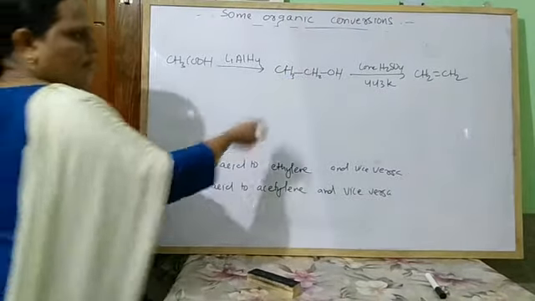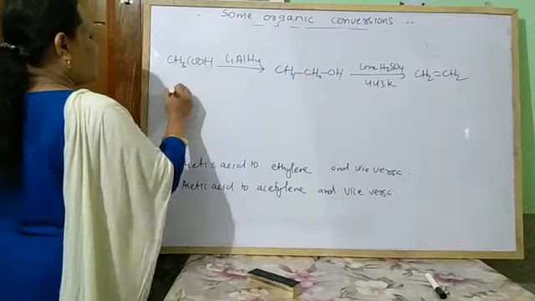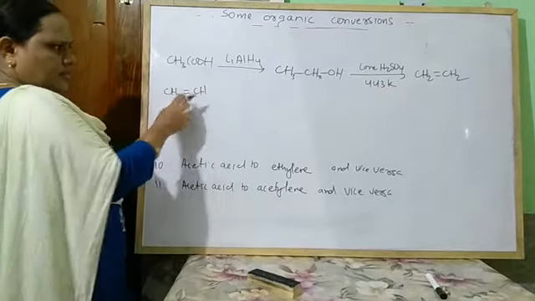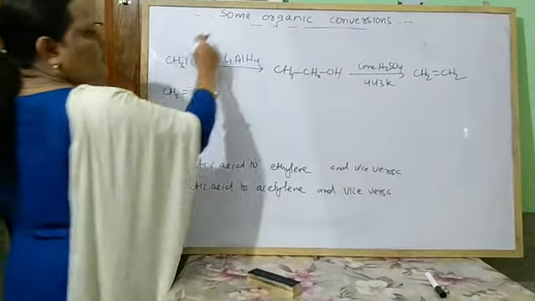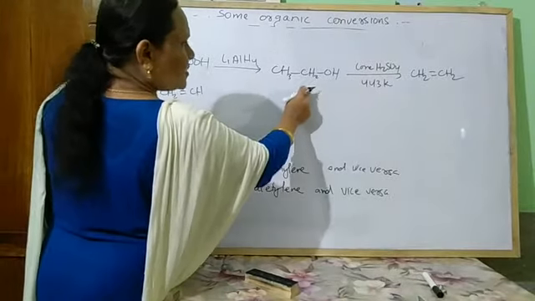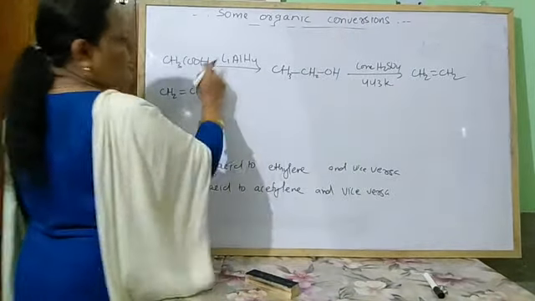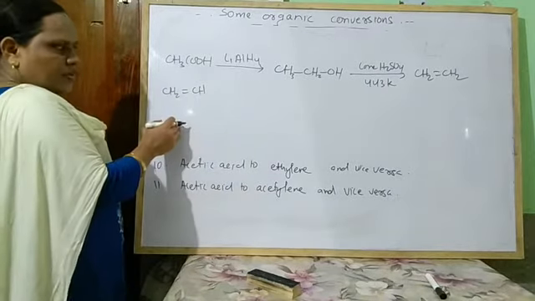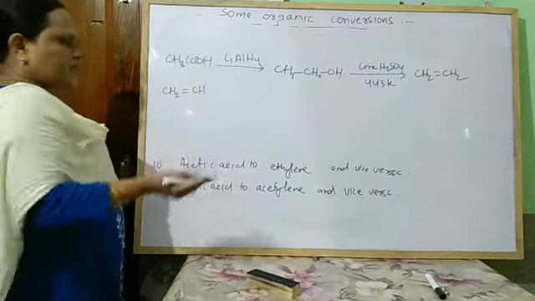Next, vice versa, ethylene to acetic acid. First we prepare ethyl alcohol from ethylene. The earlier step was the dehydration process, and that was the reduction process. In reverse, you add a water molecule and then undergo oxidation.